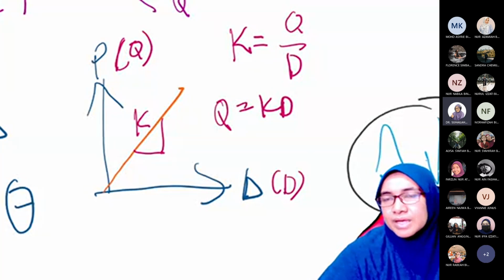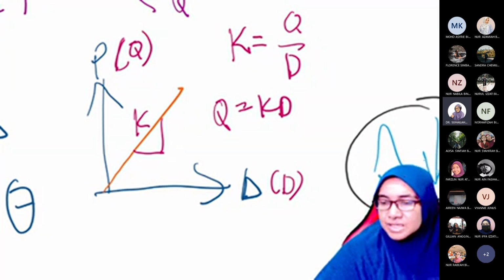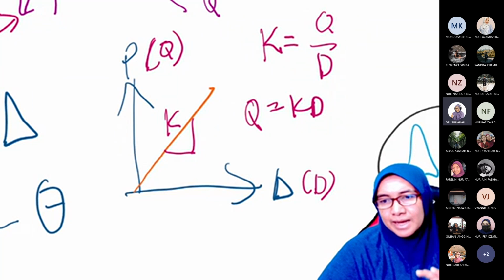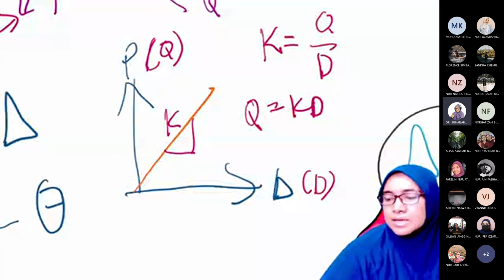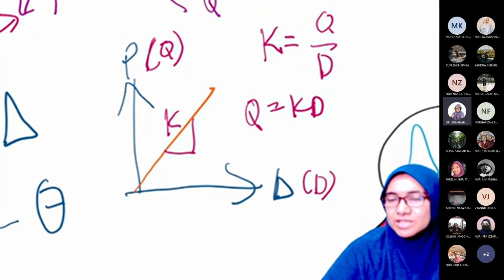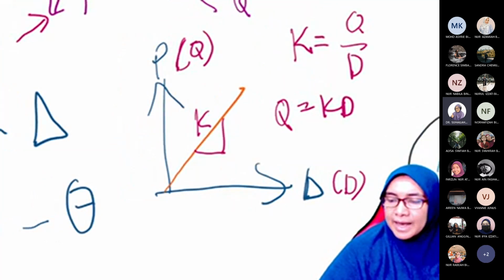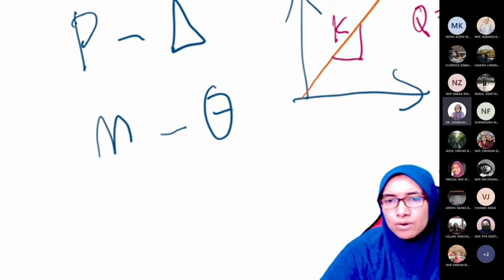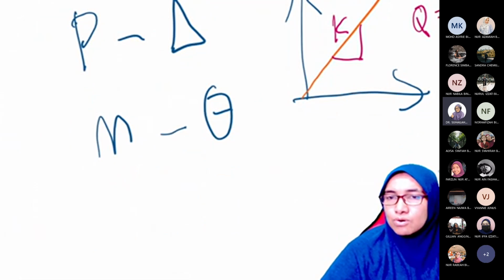So this is how we get the relationship. It comes from P delta, only P we use for X and Y. So delta can be horizontal deflection or vertical deflection. And for M theta, M is also Q, theta is also D.